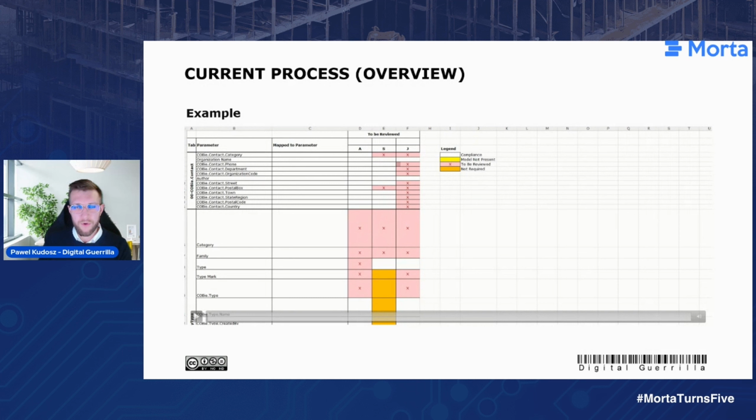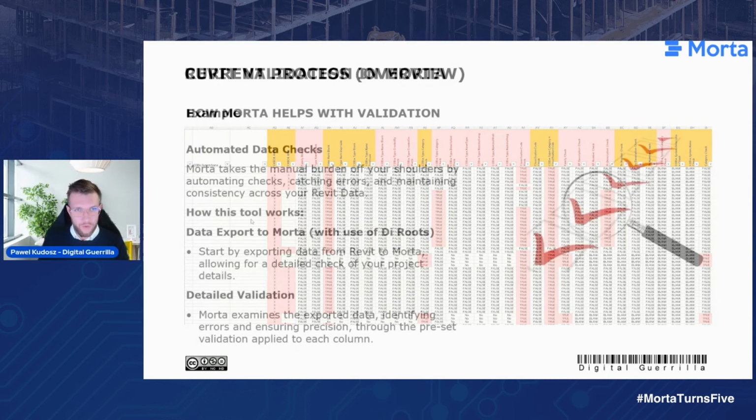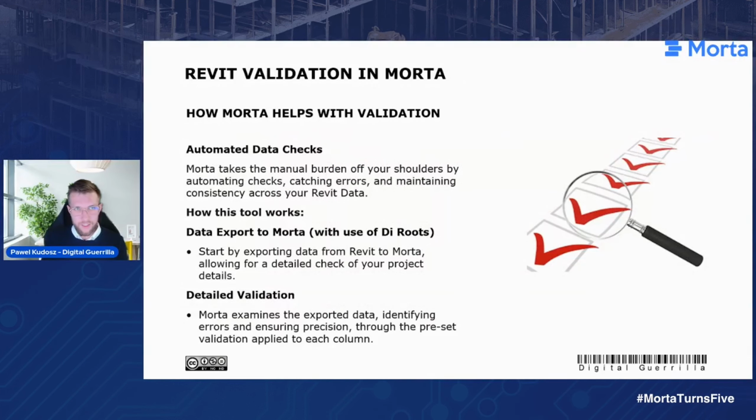And it's important to realize that we don't do this to show you what's incorrect, but we only highlight what should be done to ensure that the model is fully compliant and could be submitted for the next stage, for example.